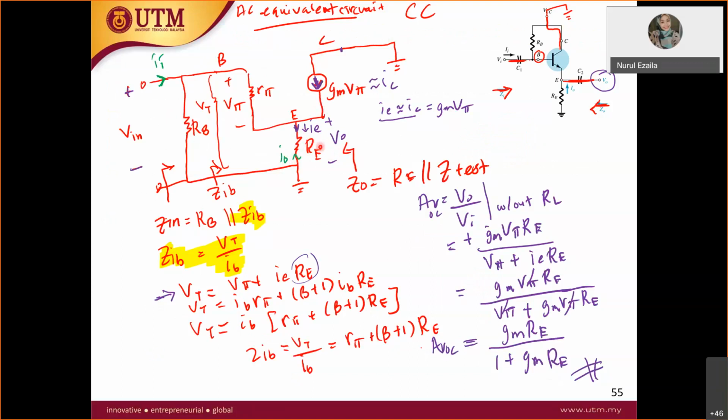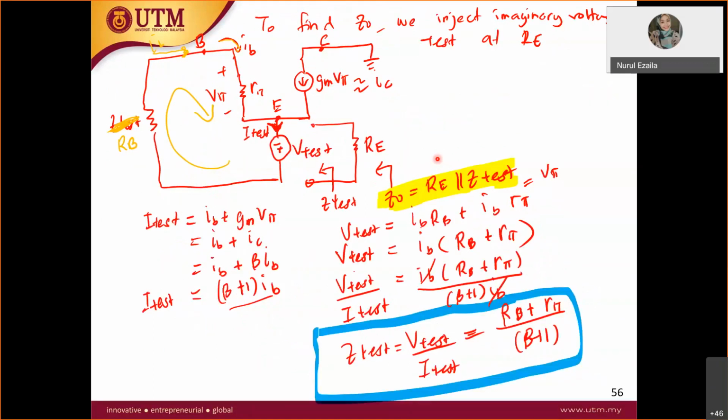You have to find the Z test. In order to find Z test, you have to inject V test. So you detach RE, inject V test, and find Z test over here.